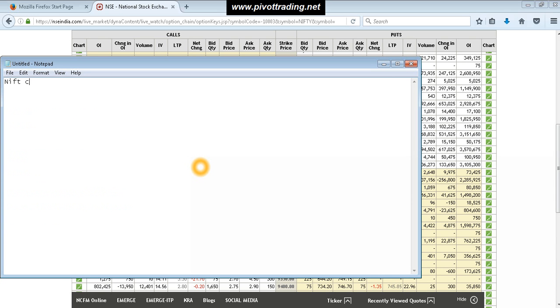Let's say Nifty's current market price is 8600. You sell the Nifty 8600 CE at 175. So your total profit is 175, because you have sold something and got the payment of 175 rupees.